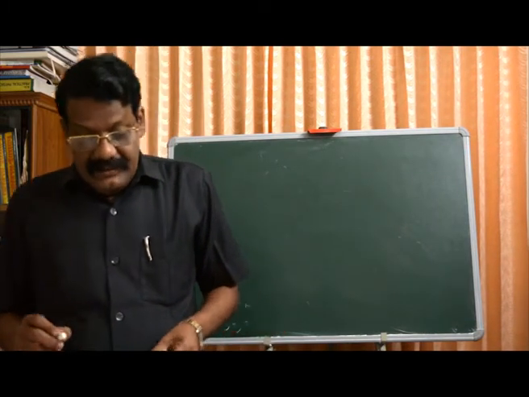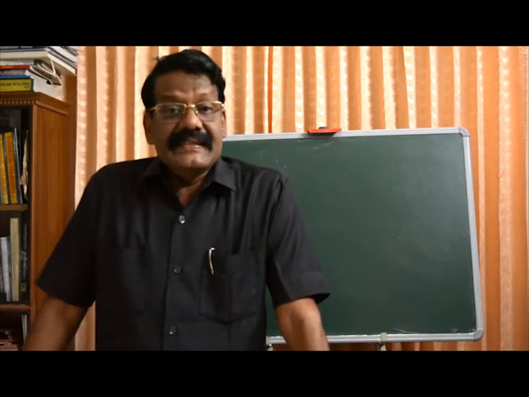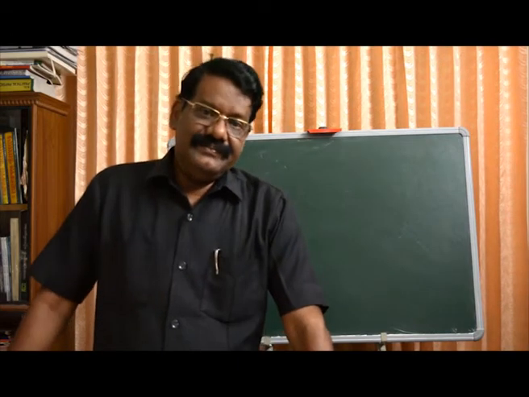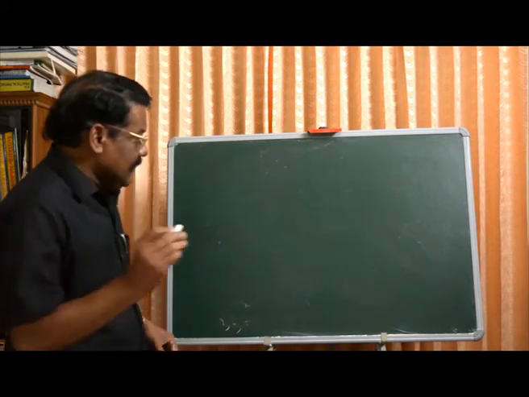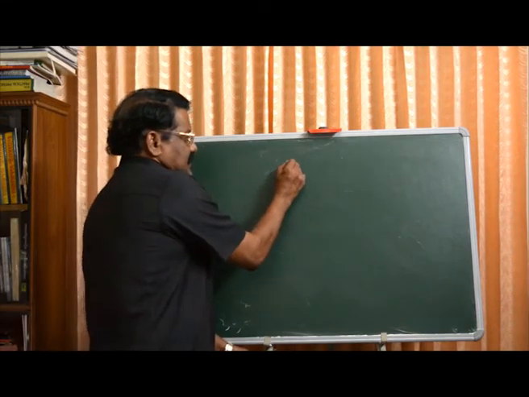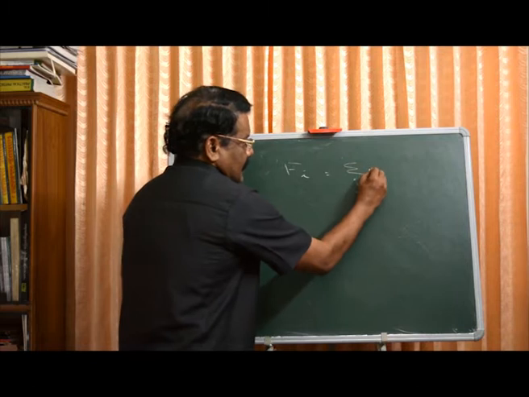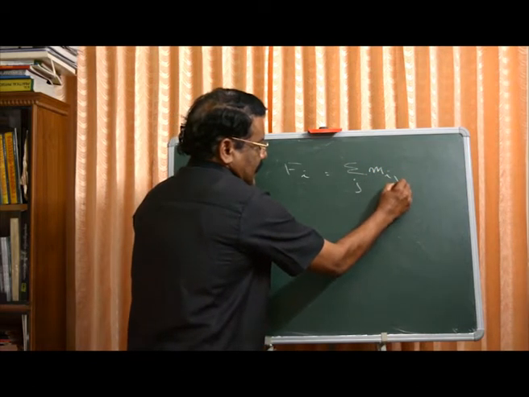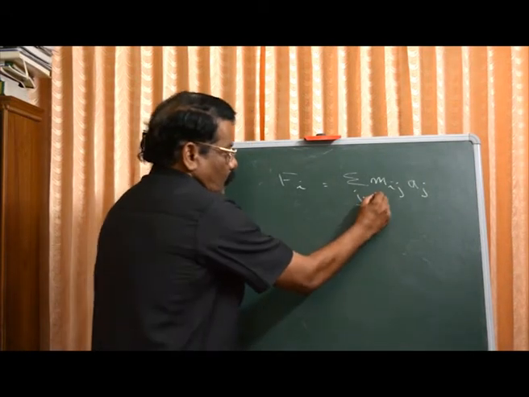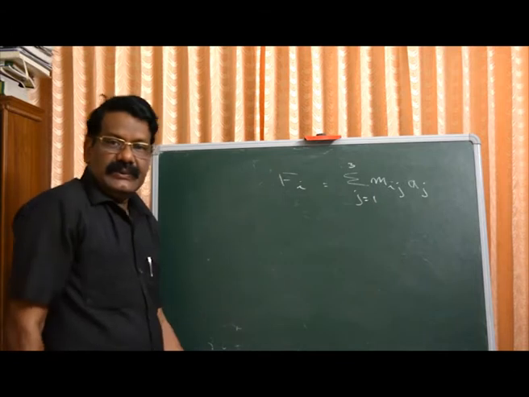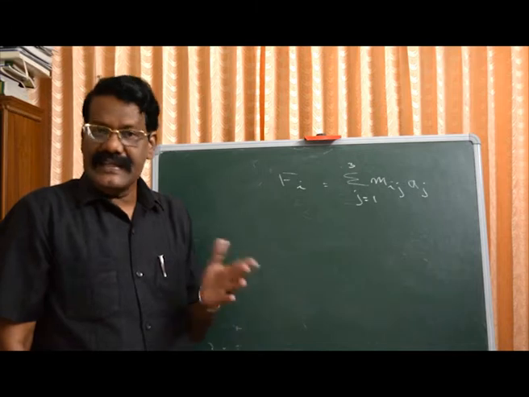First of all, let me explain what is meant by Einstein's summation convention. This is actually some sort of simplification. Earlier, I wrote like this: F_i is equal to the sum over j of m_ij a_j. j runs from 1 to 3. 1 stands for x, 2 stands for y, and 3 stands for z.